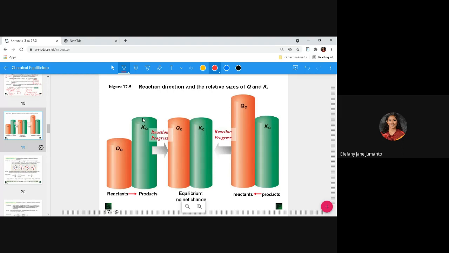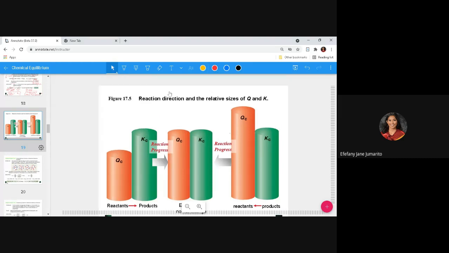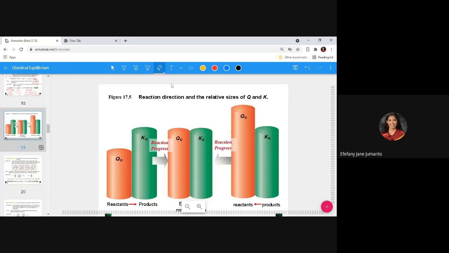Why? Because when we have Kc, which is 1, suppose I have a line bar here. Now we have Kc here. Suppose Kc is equal to 5.